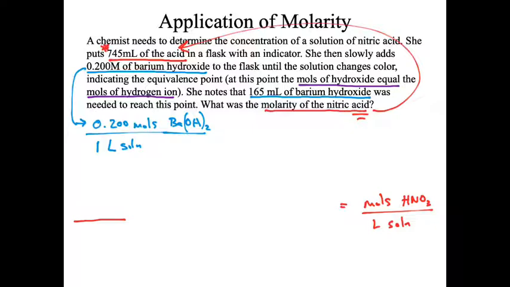Was there another volume you could have used? 165 milliliters of barium hydroxide. Well, there's 2 volumes. Which one should go in the denominator? Okay. To answer that question, we need to be a bit more specific with our units over here. This is moles of nitric acid in liters of what solution?